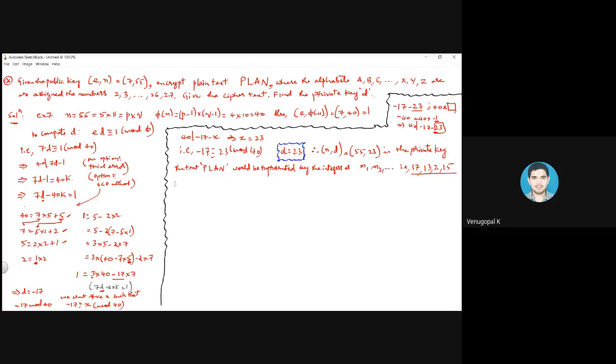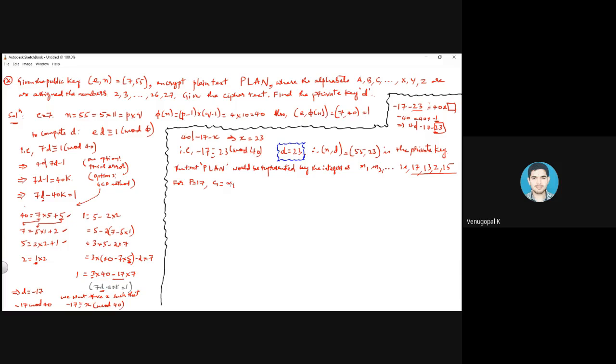So for p equal to 17, cipher 1, that is the encrypted letter for p, will be c1 equal to, what is the formula? m1 power e mod n.